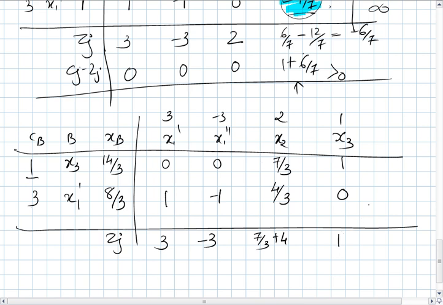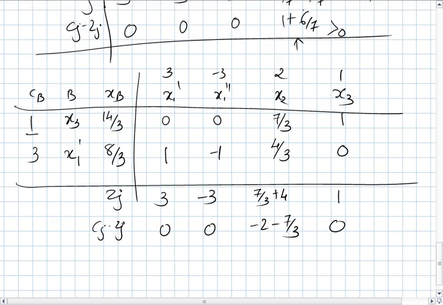Okay, so Zj is this, Cj minus Zj. So 3 minus 3 is 0, minus 3 minus minus 3 is 0, 2 minus 7 by 3 plus 4, so it is minus 2 minus 7 by 3, whatever its calculation is. Okay, and here it is 1 minus 1 is 0.